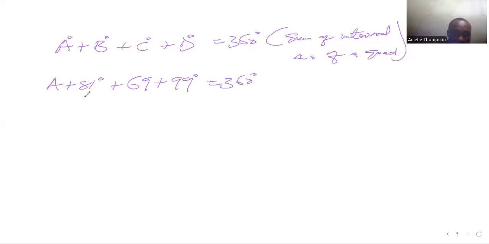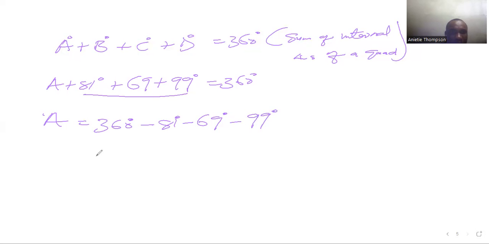So we make A the subject of the formula, A must be equal to 360 degrees minus 81 degrees minus 69 degrees minus 99 degrees.